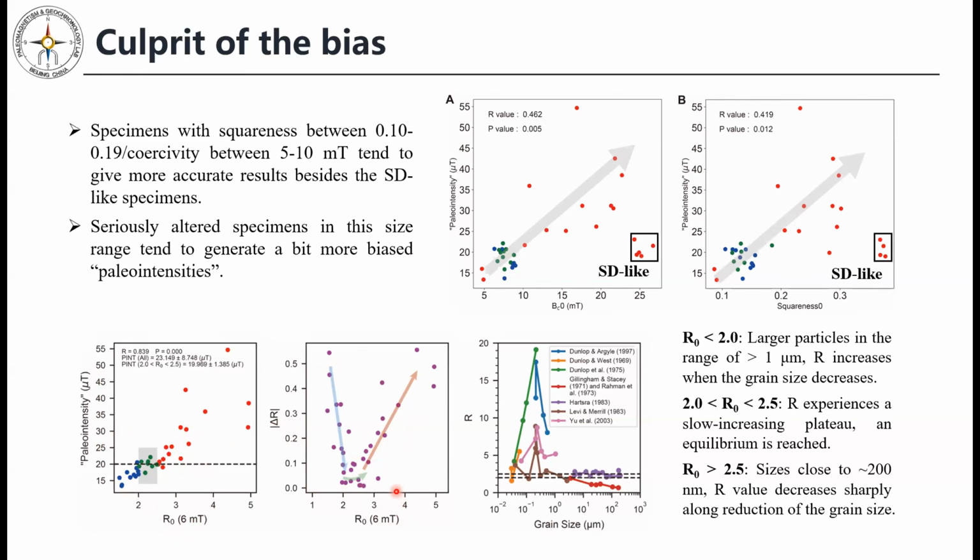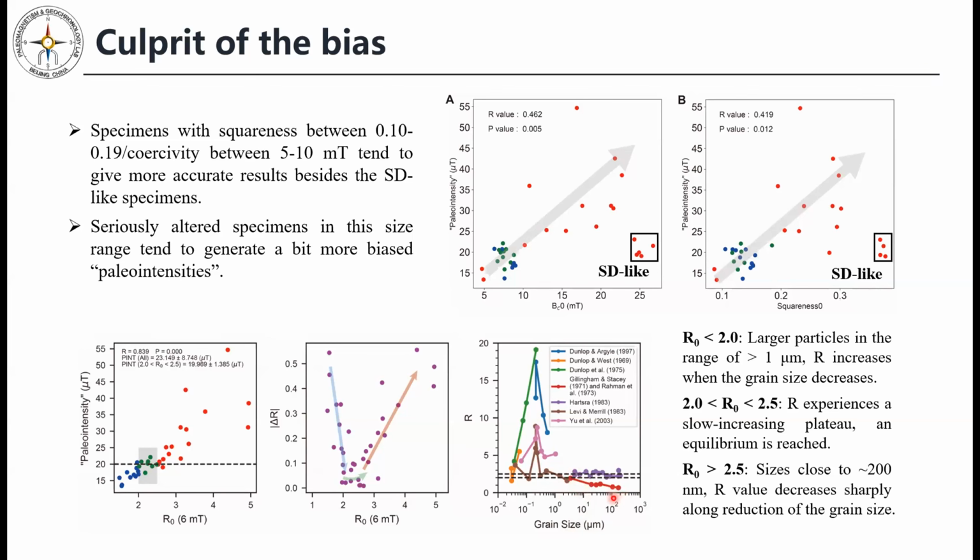So all these characteristics indicate the grain size changes of the magnetic minerals should play an important role in these issues. This is the R versus magnetic grain size plot. Here the two dotted lines are the R values of 2 and 2.5.